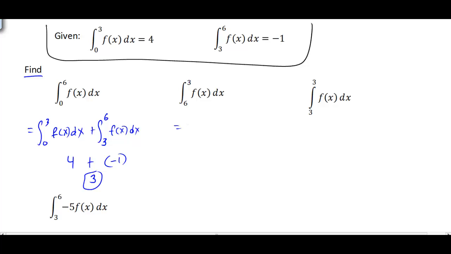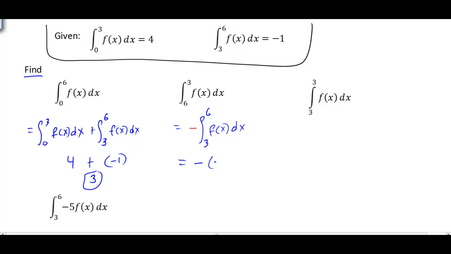And here we have the integral of 6 to 3, the integral of f of x from 6 to 3. Notice there we're switching the order, so we know that the integral of our function f of x dx from 3 to 6, we know that, and we know that it's going to be the negative here, so therefore we're going to end up with the negative of this integral, which is from 3 to 6, which is 1.